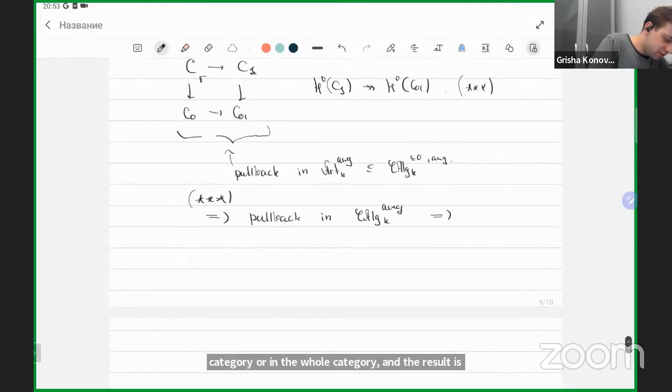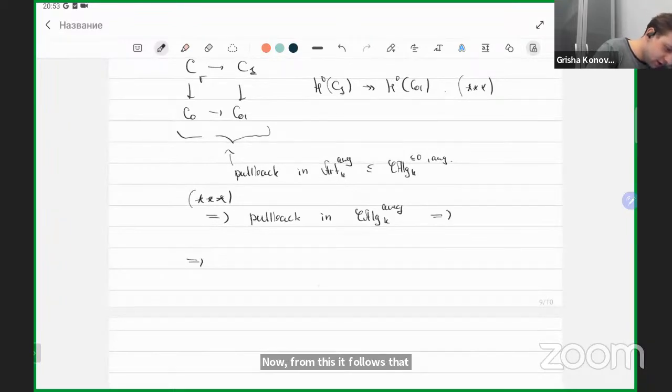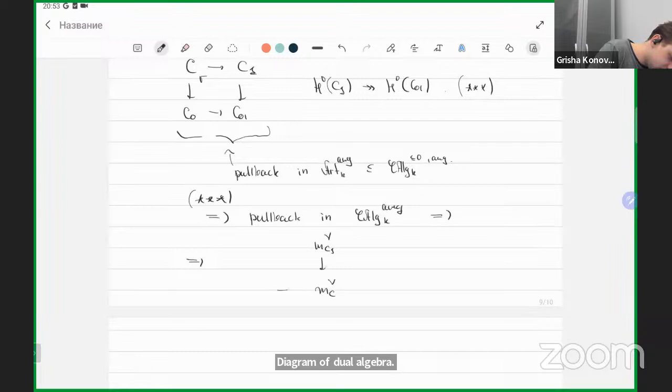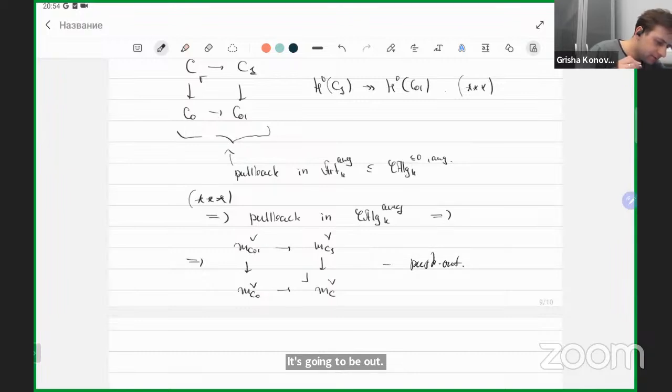And now from this, it follows that the diagram of dual algebras is going to be a pushout.